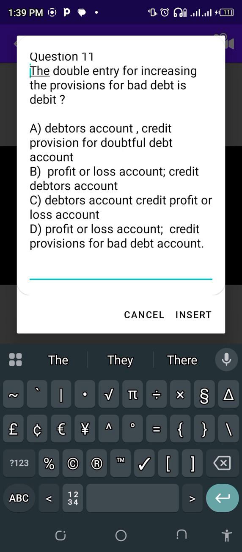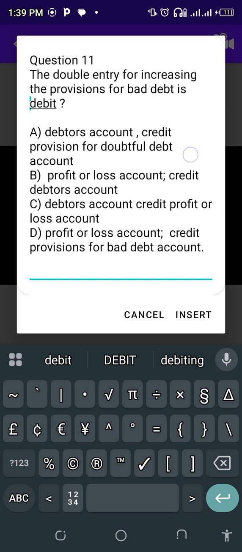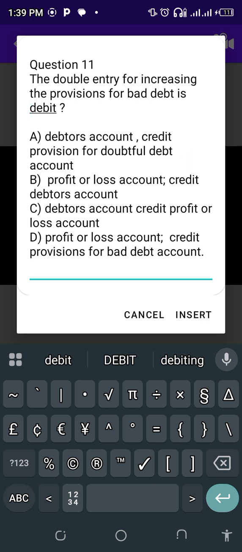B. Profit or loss account, credit debtors account. C. Debit debtors account, credit profit or loss account. And D. Debit profit or loss account, credit provision for bad debt account. Now, when there is an increase in the provision for bad debts, the difference is an additional expense.